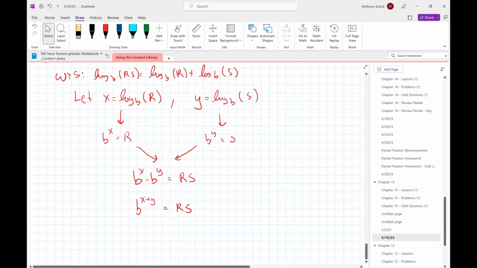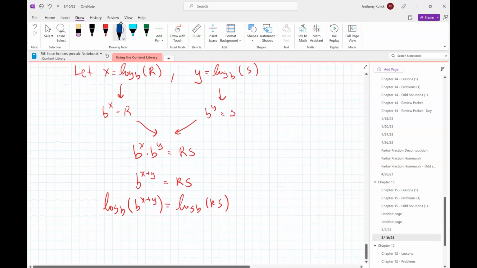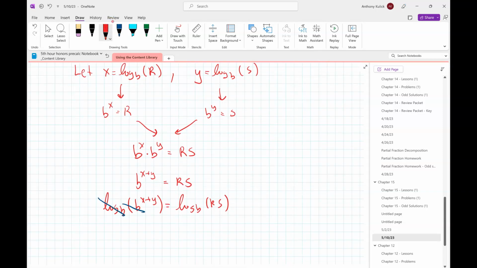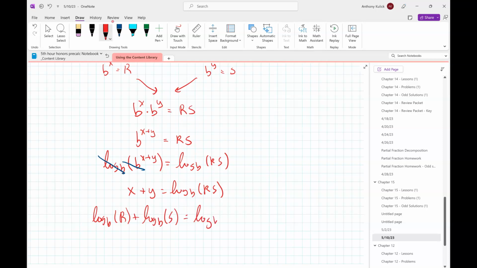And now what I'm going to do is I'm just going to do log base b to both sides. Log base b cancels exponent base b. And I remember that x was just log base b of r, and y was just log base b of s. That's what I wanted.